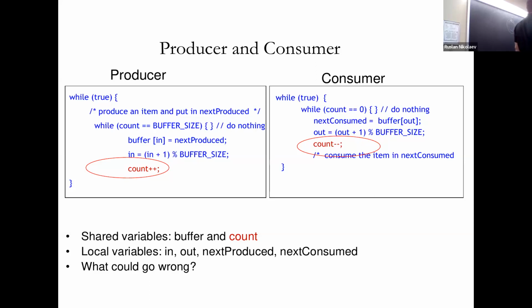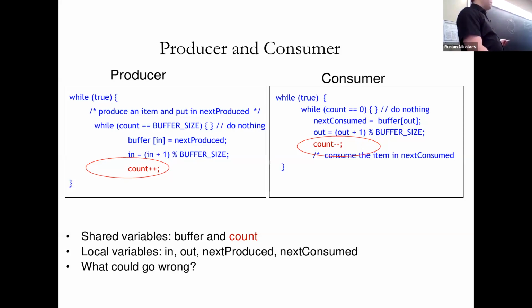So then we have buffer in. We will put the next produced element. We will increment the input by 1 modulo buffer size, and then we increment the number of elements in this buffer. So on the consumer side, we'll do the opposite.